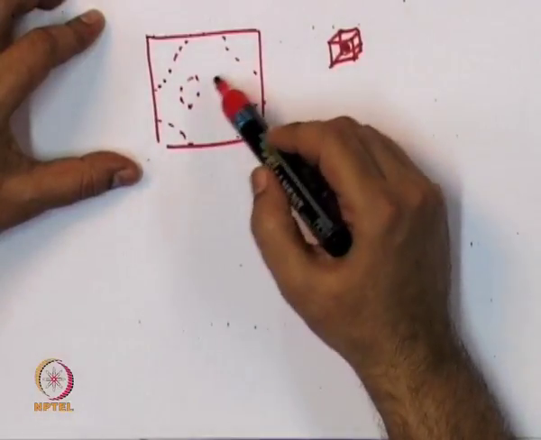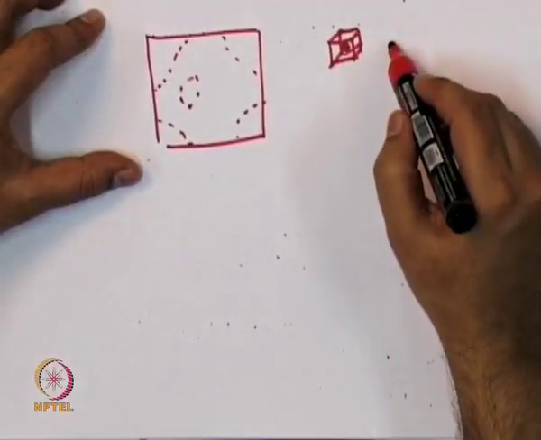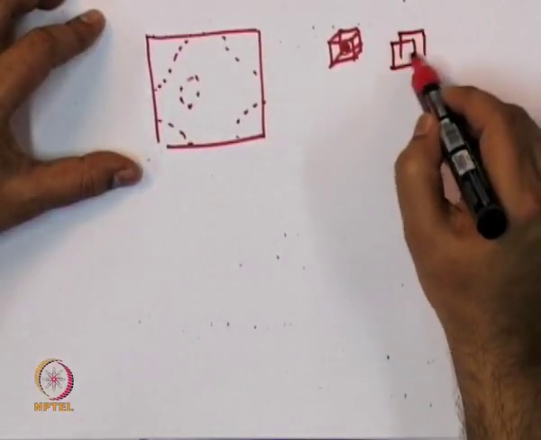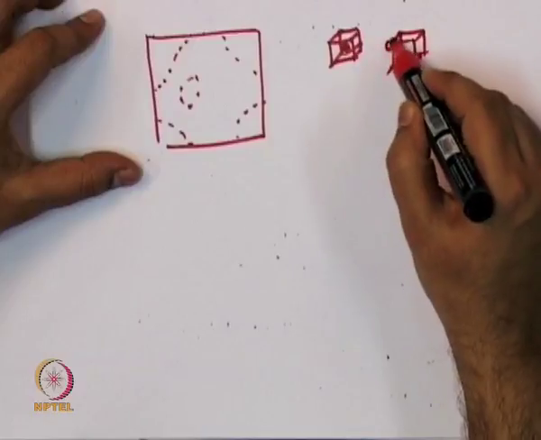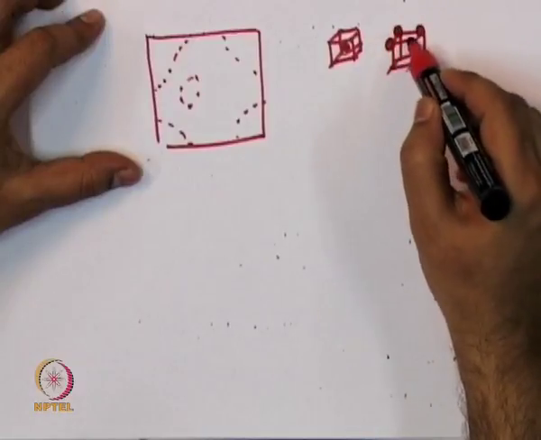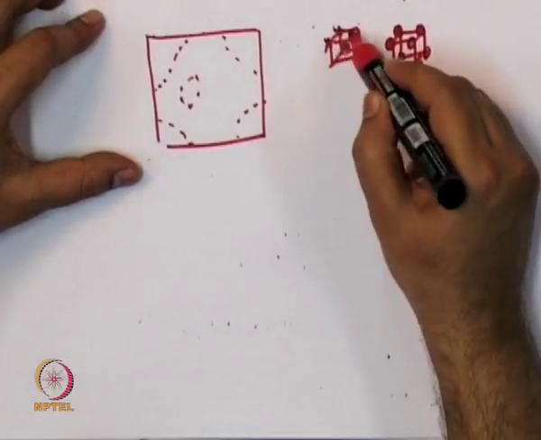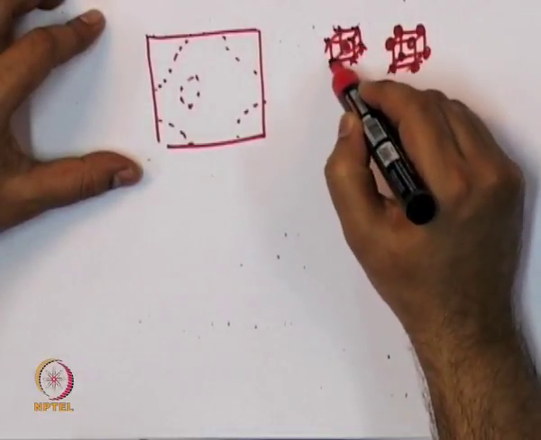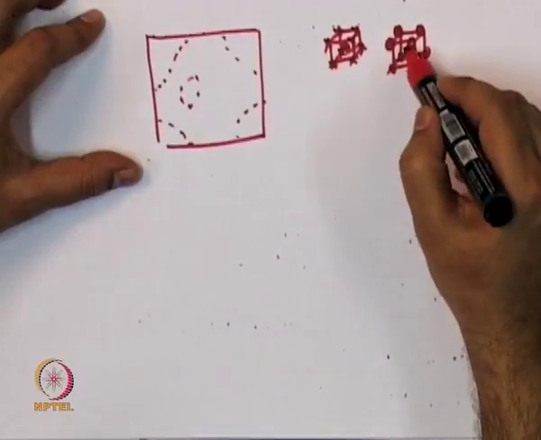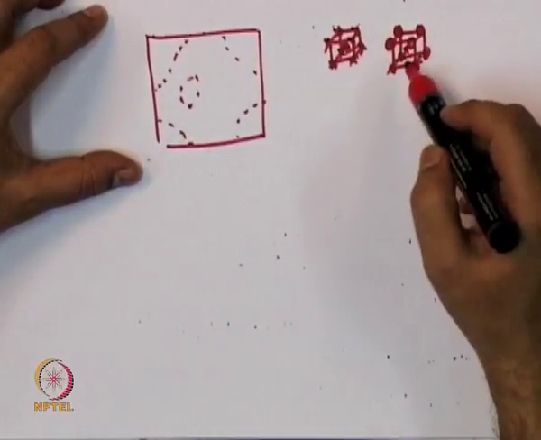And the other parts are going to be where you have the other ordered domain where the cube corners are occupied by the one type of atom. So, the other type of atom was at cube corners here, the other type of atom is now at the body center here. So, these are the 2 domains.